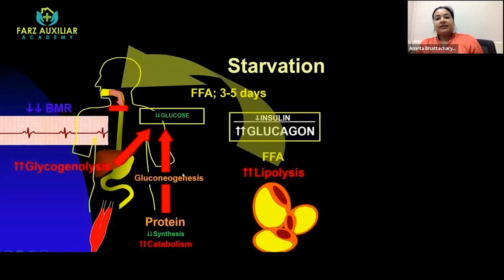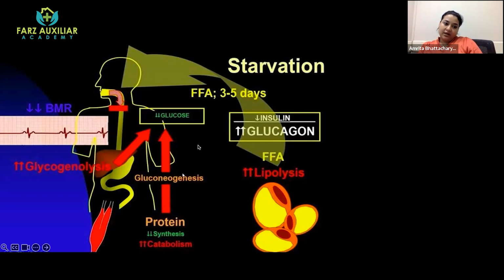So what happens in this catabolic stage during starvation? Due to this increased lipolysis, fat is metabolized. There's a decrease in synthesis of protein and an increase in catabolism, and hence this protein is also used for glucose synthesis.